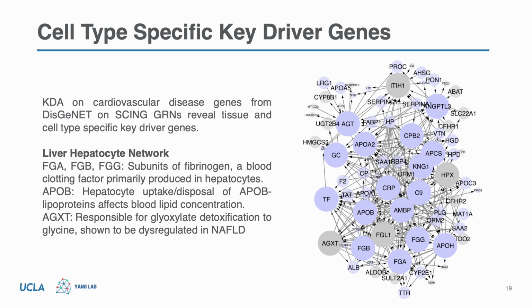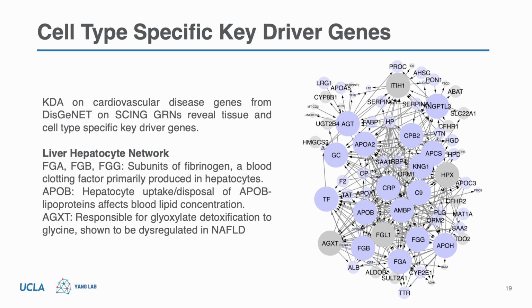So we performed this key driver analysis on a cardiovascular disease gene set known from the DisGeNET database. We performed it on a liver hepatocyte network. Running this key driver analysis returns some key drivers that are related to cardiovascular disease, as we see in the blue color, but also some novel genes that have been implicated in other diseases, like non-alcoholic fatty liver disease in the case of AGXT.